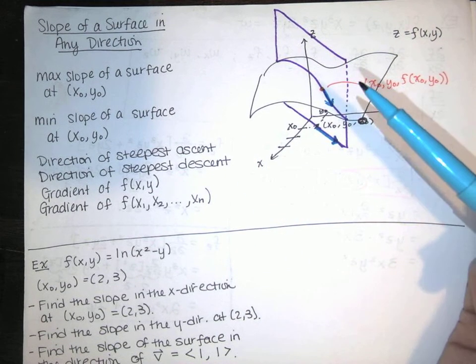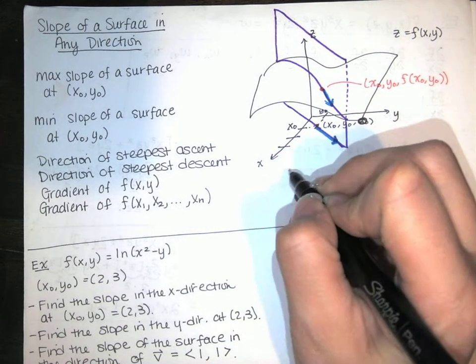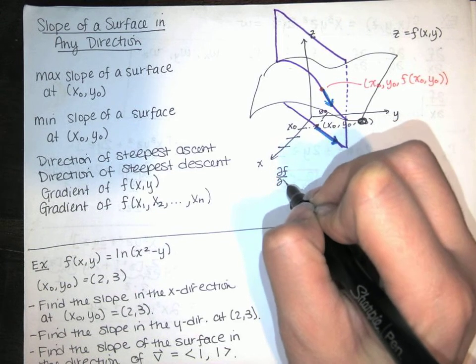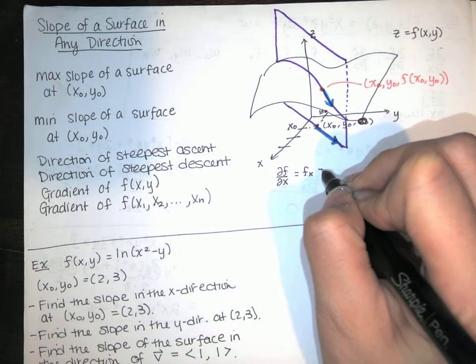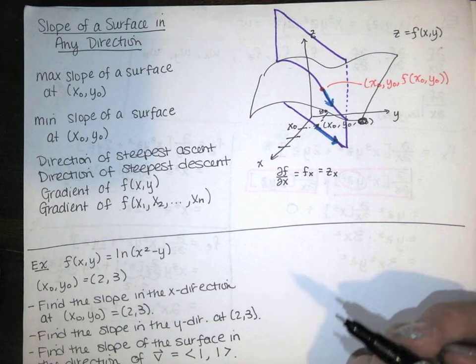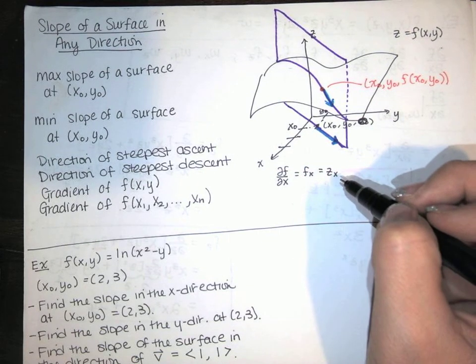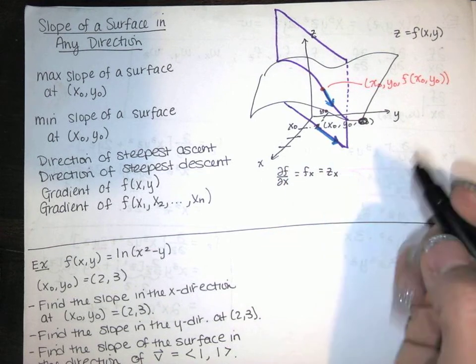Well, remember how we interpret the derivative of z with respect to x. So let's say I've got the partial of f with respect to x, which we could also notate this way using subscript notation. Sometimes people use z as the dependent variable and write z sub x. This is the slope of the surface in the x direction.